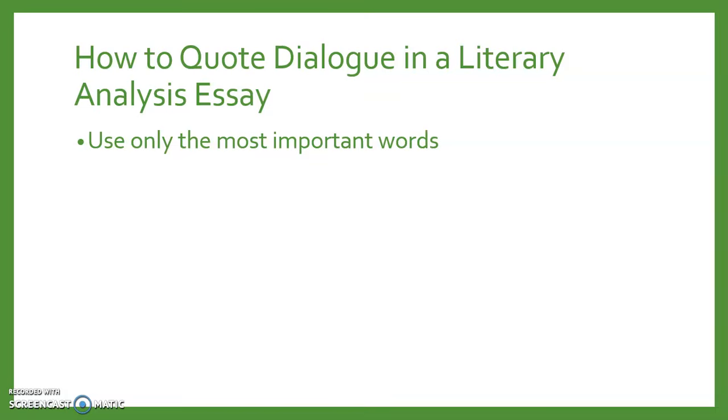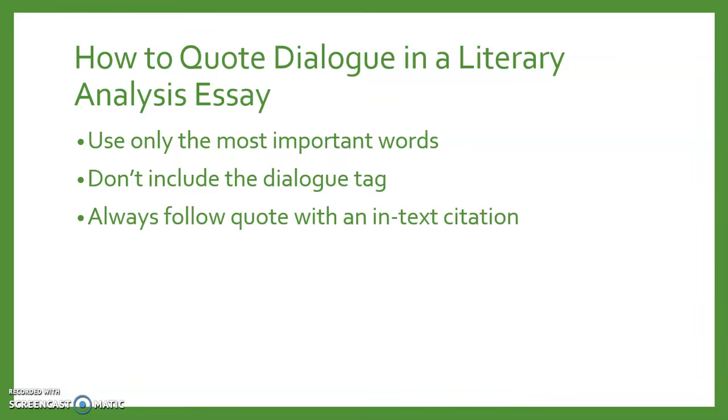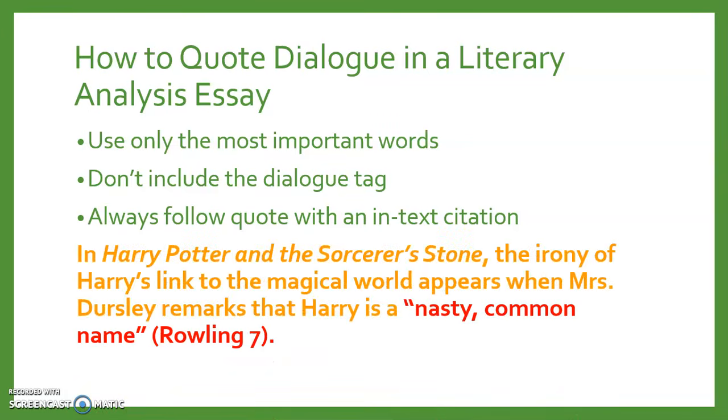No need for big, whole sentences or paragraphs ripped from the story, unless those are super, super important evidence. Also, usually you're not going to need the dialogue tag, unless, again, it has important evidence in it. And as always, make sure you're using in-text citation. You don't want to get charged plagiarism. That's a no-no.